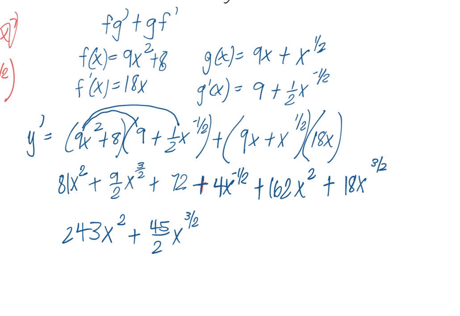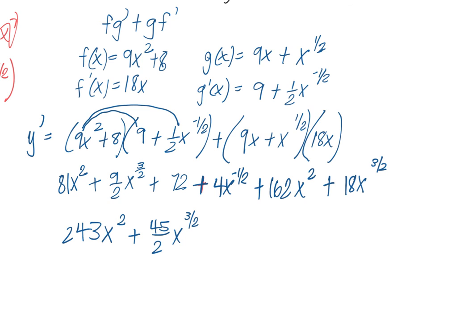Now I did it in the calculator, but if you're going to do it by hand, I'm supposed to multiply 18 by 2 to find the common denominator.